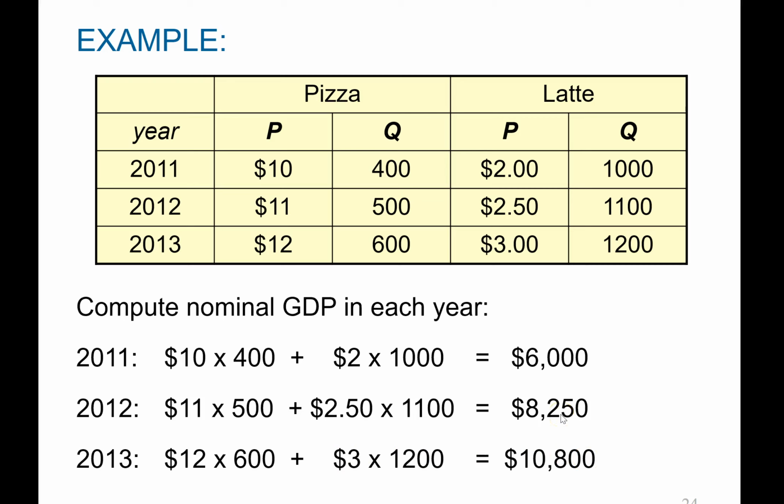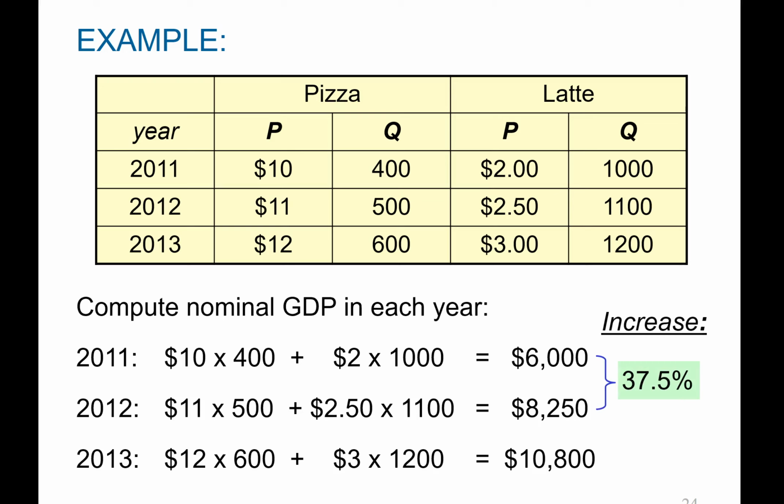The problem, I'm sure you can see it already, is that we don't really have a way of seeing whether the economy is growing, shrinking, improving, getting worse, because the numbers themselves tell us too many things. We have price changes in there, we have quantity changes, and what we really want to do is take the price change out and see, are we growing? Are we producing more?